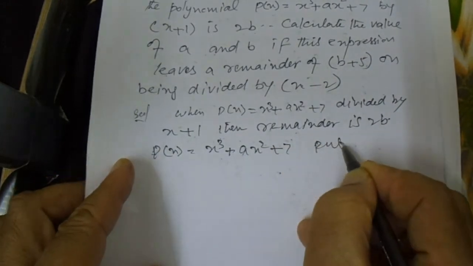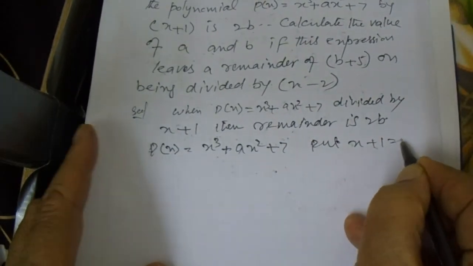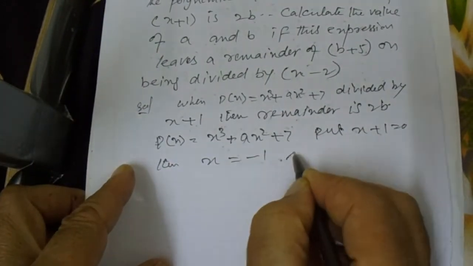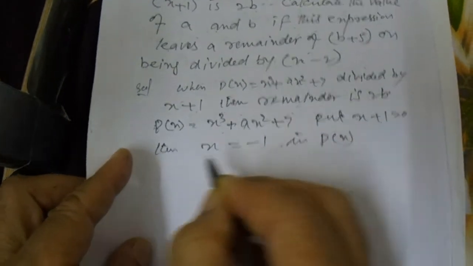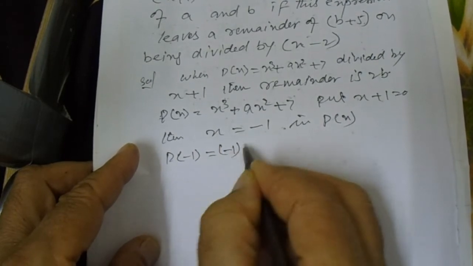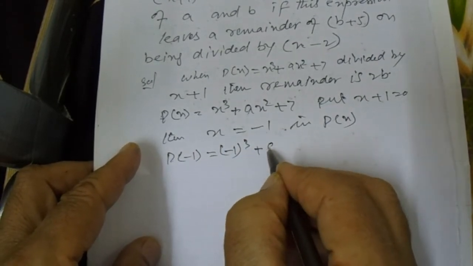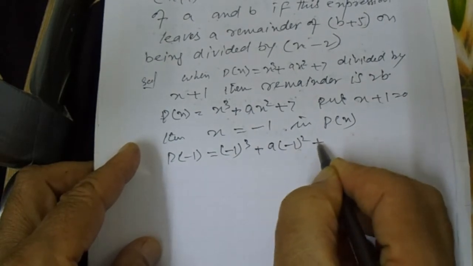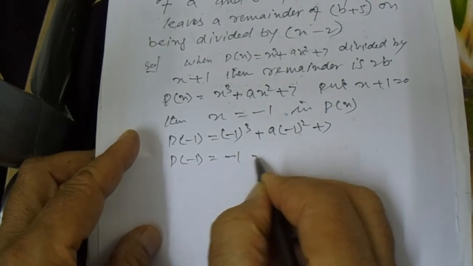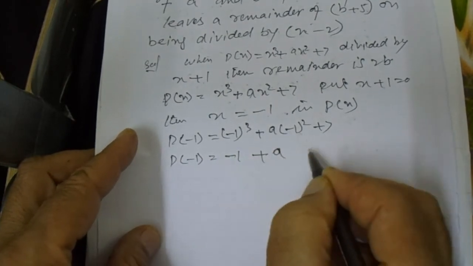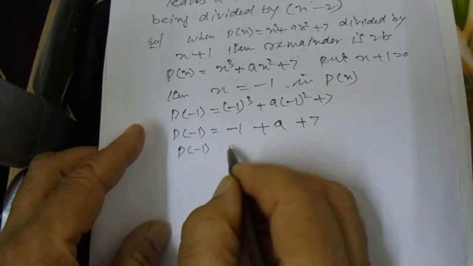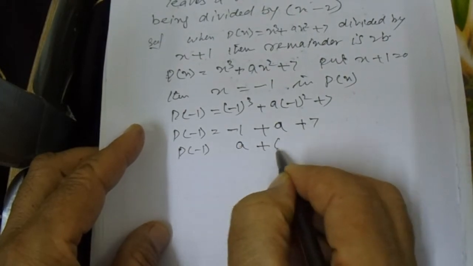Put x + 1 = 0, then x = −1 and P(−1) = (−1)³ + a(−1)² + 7. P(−1) = −1 + a + 7, so P(−1) = a + 6.